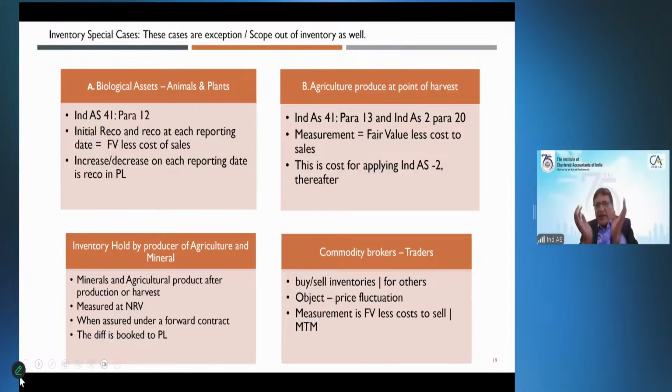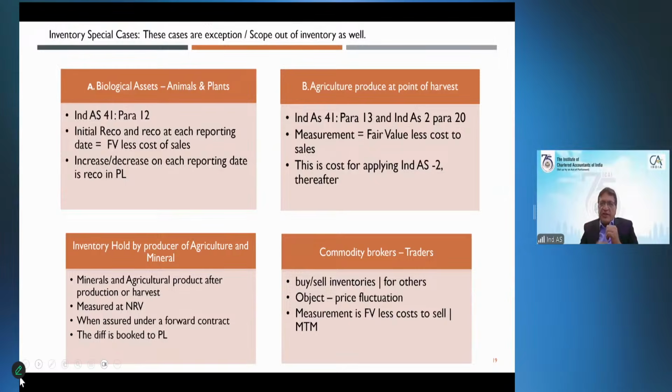So I'll briefly give you the point which is related to inventory. Now, what is a biological asset? It is animals and plants. So I bring 10 cows today, I feed them for a year, then the next year, and in the third year they become capable so that I can get the milk.